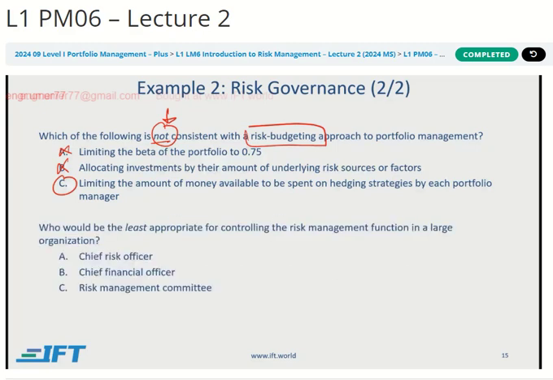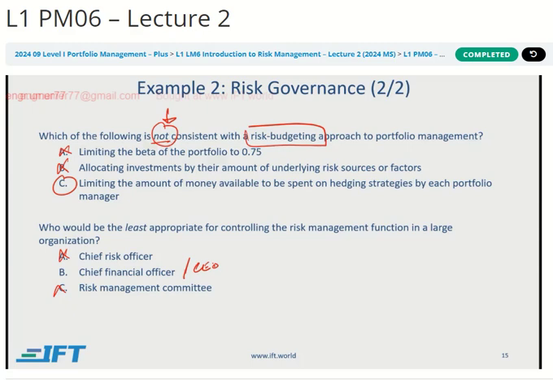Okay. Who would be the least appropriate for controlling the risk management function in a large organization? Chief Risk Officer, Chief Financial Officer, Chief Risk Management Committee. What do you think? It is definitely not the Chief Risk Officer and the Risk Management Committee, because that's their role, right? Chief Financial Officer or even your CEO would not be appropriate, because these guys would want to increase the risk, right?